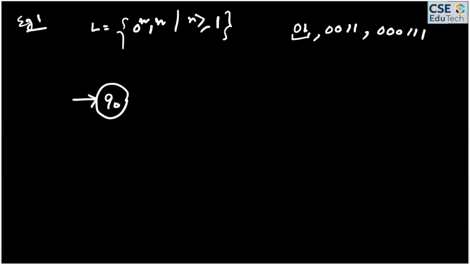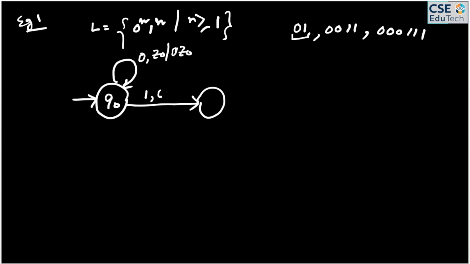right? So when the first 0 comes and your stack top symbol is Z0, suppose your present input is 0 and the stack top symbol is Z0, it will be replaced by 0 Z0. And when 1 comes and your stack top symbol is 0, just replace this by null or remove this.